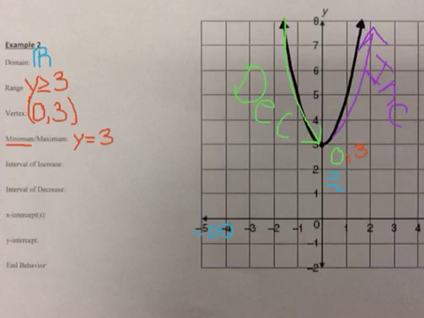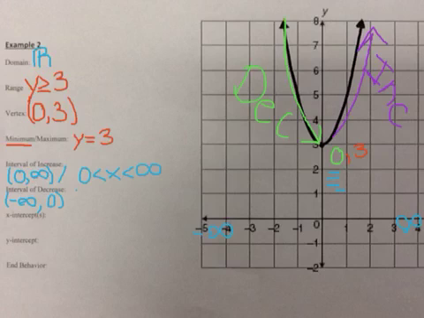And then from that x coordinate of the vertex to positive infinity, our graph is increasing. So our interval of increase is going to be from 0 to infinity, or x is in the interval of 0 to infinity. And it's decreasing from negative infinity to 0. Or we can write it as negative infinity less than x less than 0.